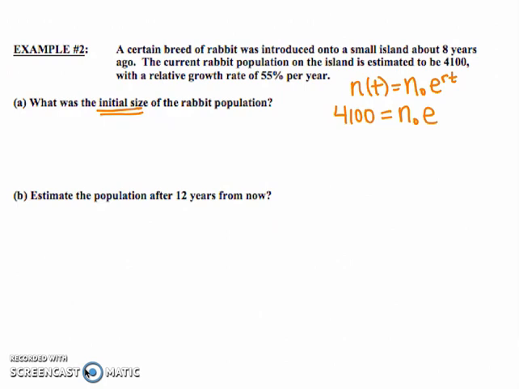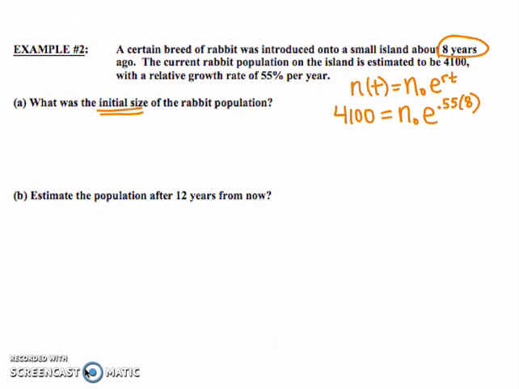Our relative growth rate is 55% per year, so we're going to have 0.55. And if we want to know the initial size, remember, it's been 8 years. So our time period here is 8 years. So we go ahead and type e to the 0.55 times 8 power first, right?